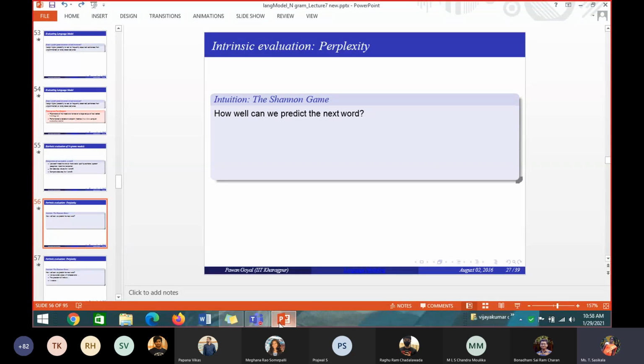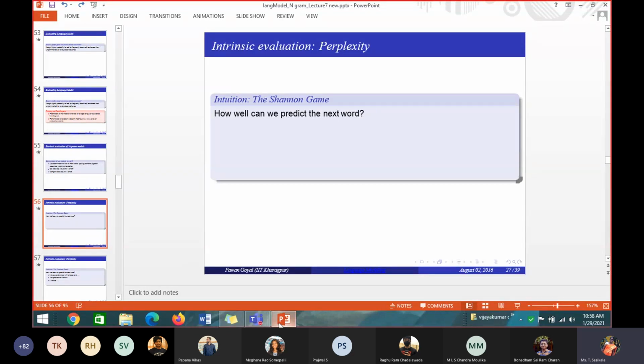This perplexity is explained using the Shannon game. The Shannon game is how well you can predict the next word given a context. For example, take a word like apple, or you can take a sentence. We have to predict the next thing given the previous thing. If I give A-P-P, given the previous characters, I predict the next character to complete the word apple.